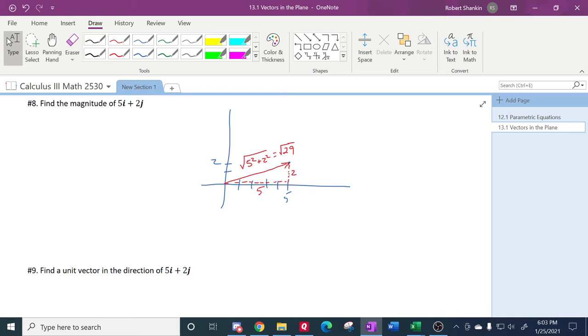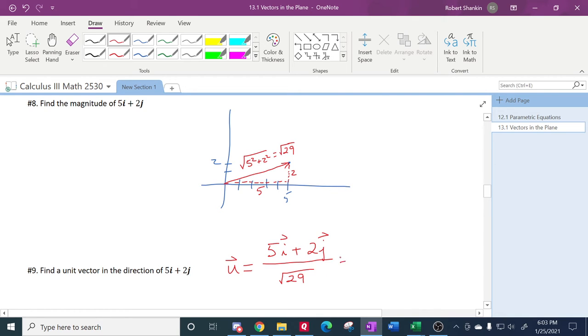If its length was 3, it's in the right direction, I would just divide its length by 3. In fact, the unit vector in this direction, we'll call it u, is going to be 5i plus 2j divided by, well, it's about 5 times too long, or square root of 29 too long. You just divide it by its magnitude.